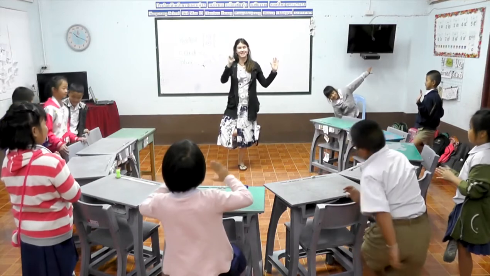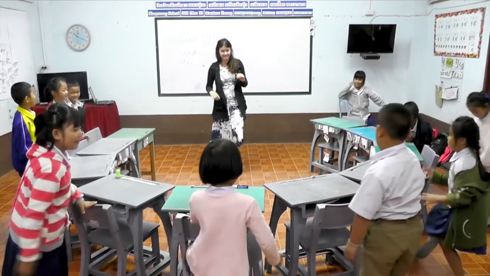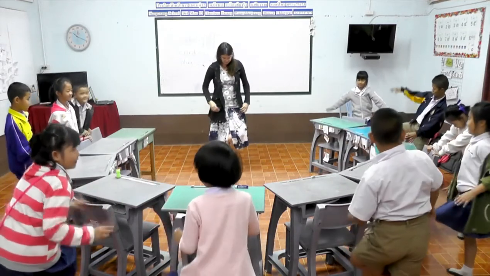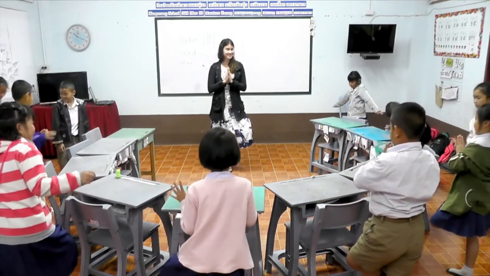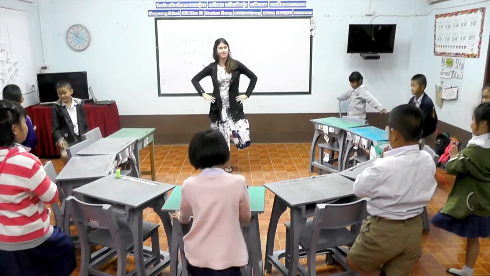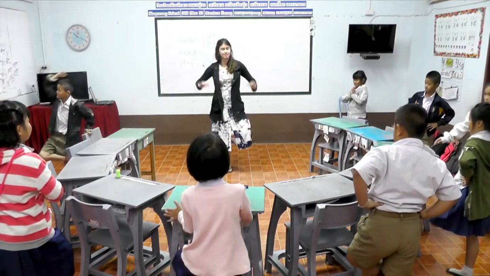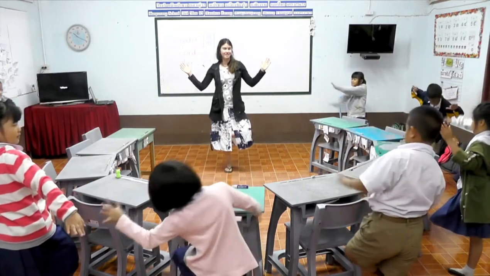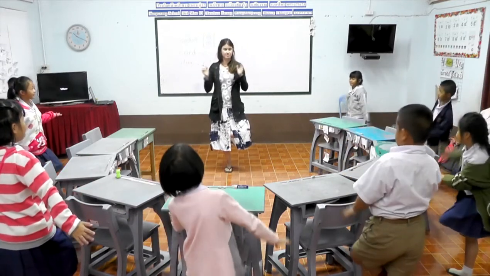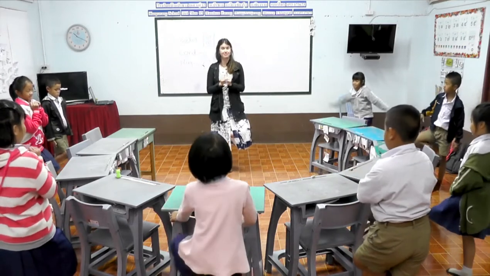Good job. Let's change legs. Stand on your other leg. Put your hands in the middle. You can put them on your waist. You can hold them out if you can keep your balance. If you're jumping around, just keep your hands here until you get your balance.